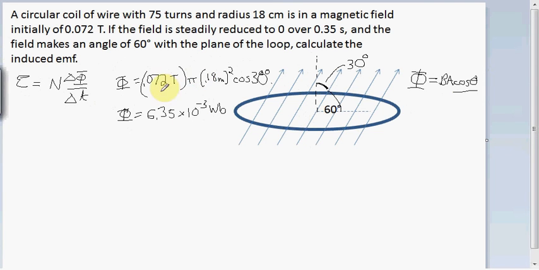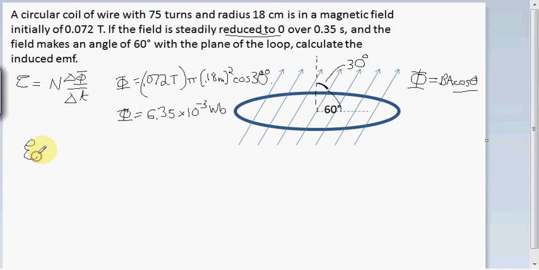Now, of course, what we need here is the change in the magnetic flux, but since the magnetic flux is going from this down to zero, that means this is really how much the magnetic flux changes by.